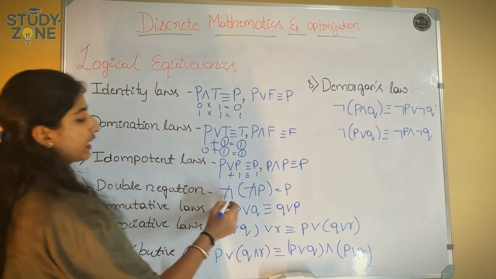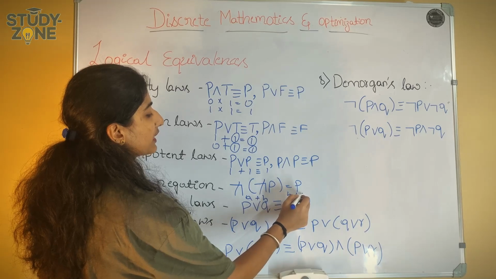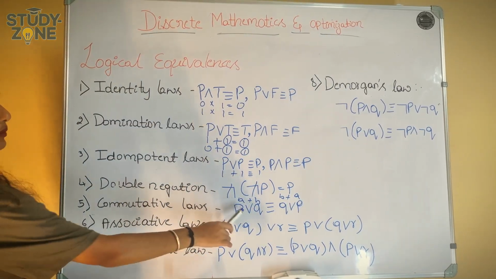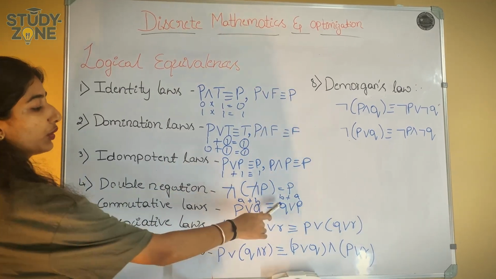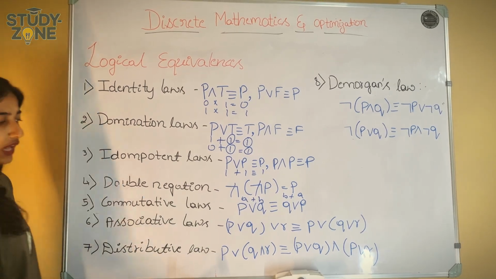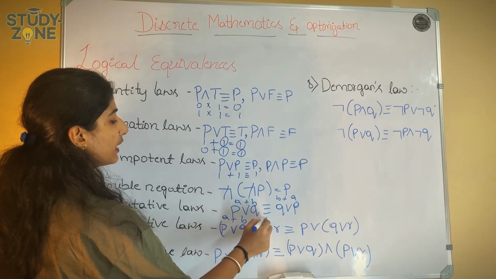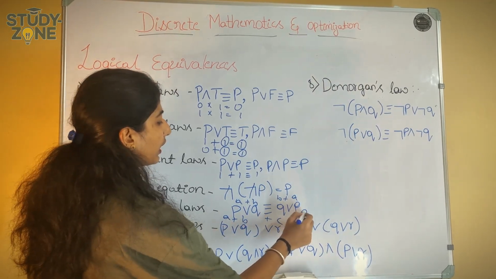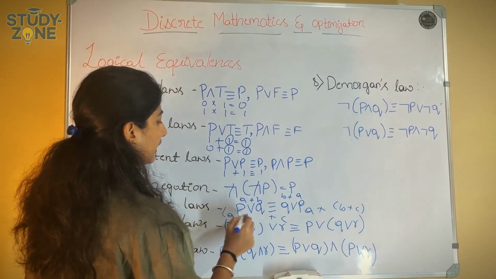And then commutative laws. You have seen the examples of A plus B equal to B plus A. Same thing, P or Q is logically equivalent to Q or P. And then associative law. You have also seen it before. What's that? A plus B plus C equal to A plus B plus C. Correct?